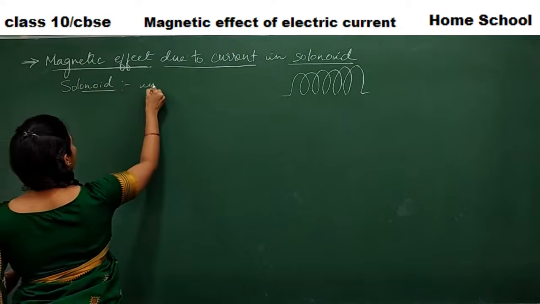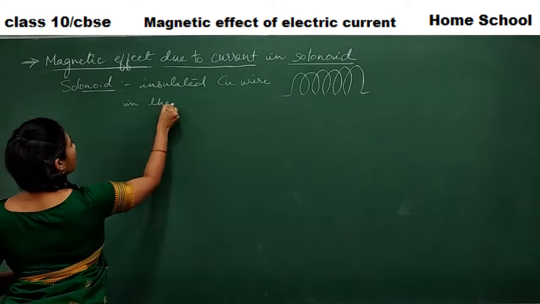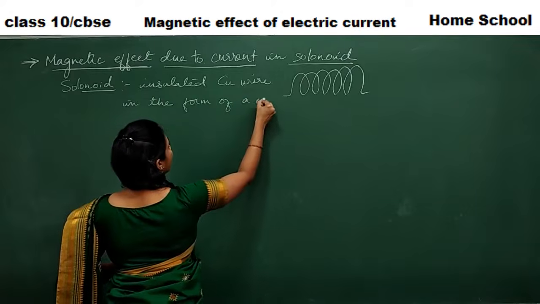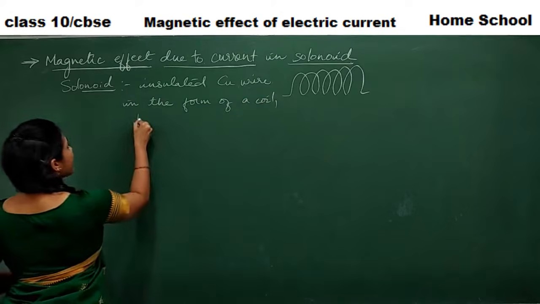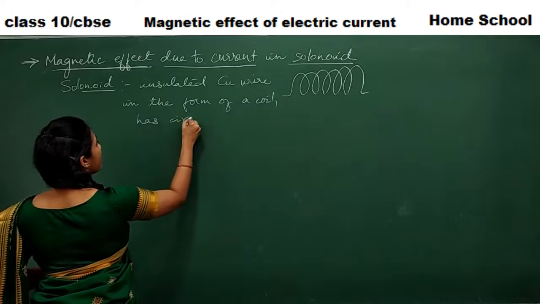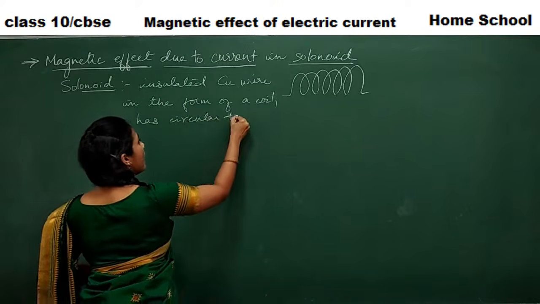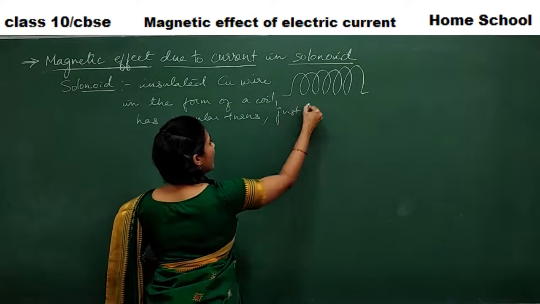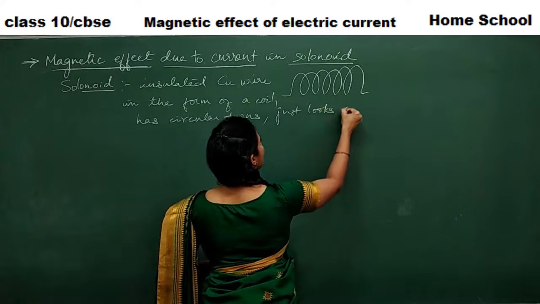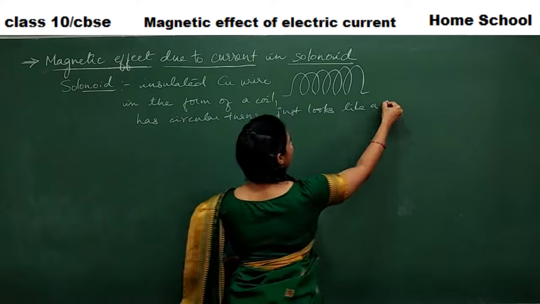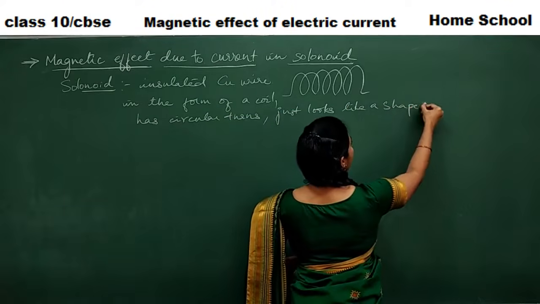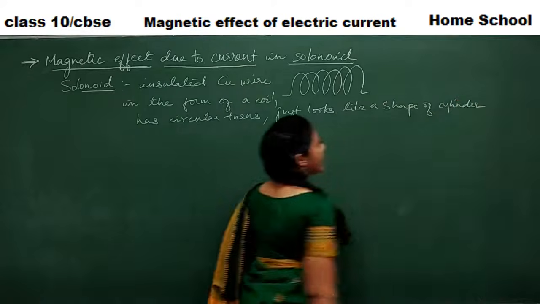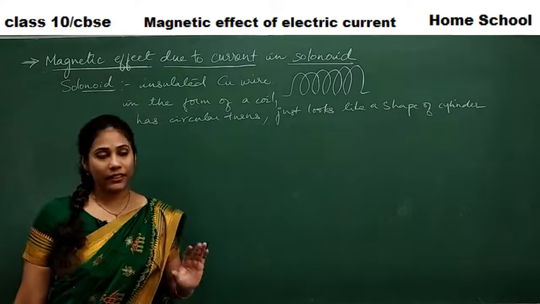Insulated copper wire in the form of a coil, which has many circular turns and just looks like the shape of a cylinder. Okay, so this makes your definition of solenoid, right?